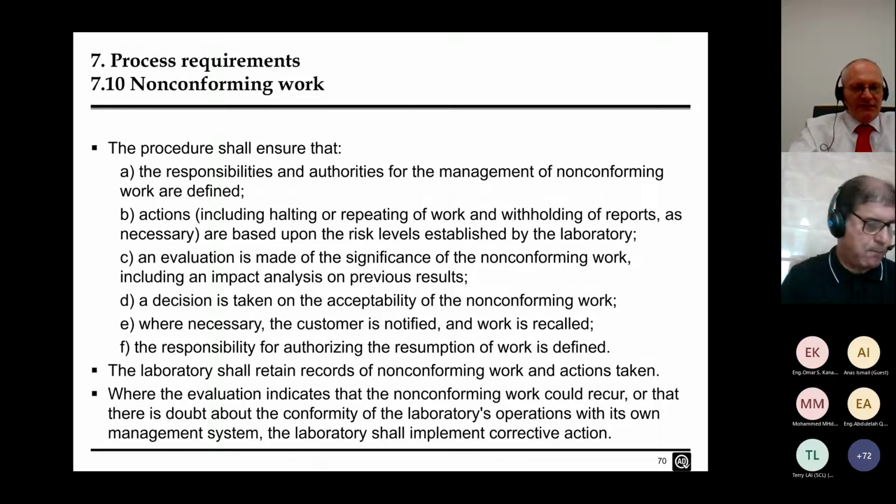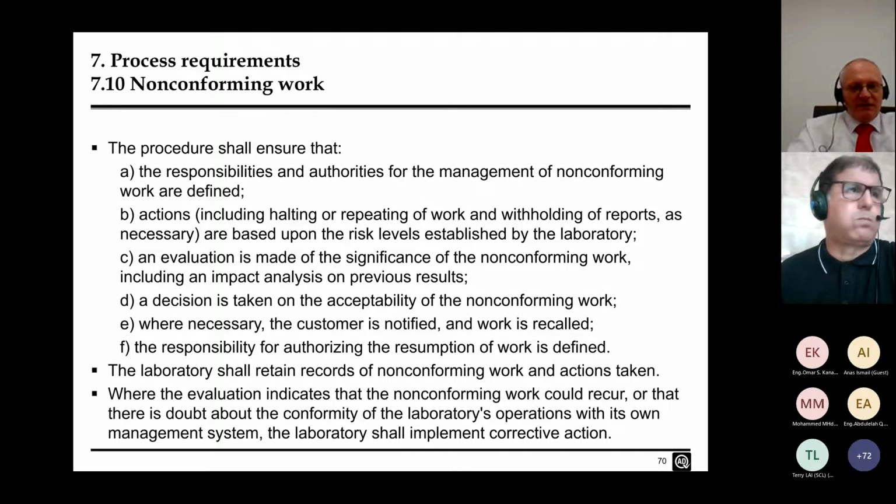We have to look at how significant the non-conforming work is, and we have to look at an impact analysis on previous results. So does the result of our intermediate check on our instrument mean that we have to review all of the previous certificates that have been issued using that instrument?